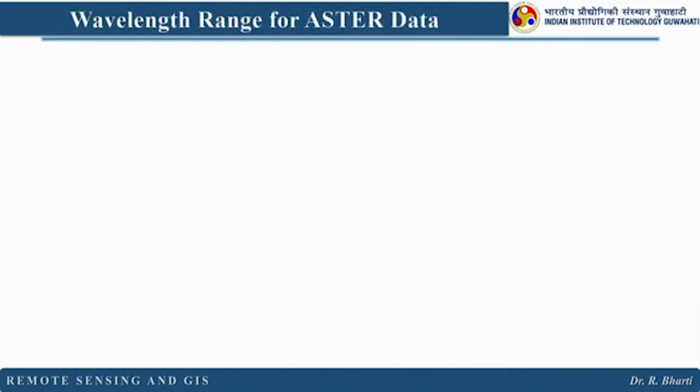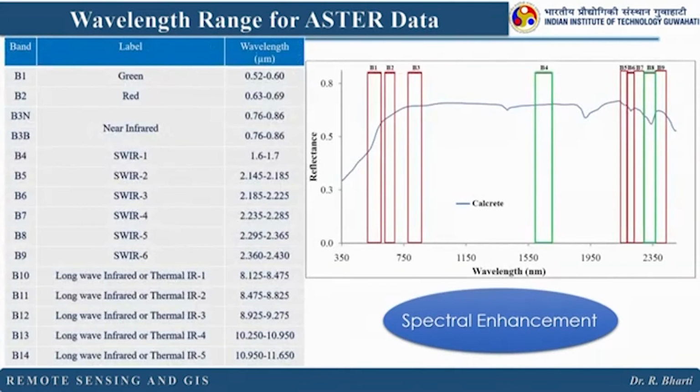Now if you see this wavelength range for Aster data, you can see for Aster we are having 14 bands, right, starting from band 1 to band 14, and these are the different wavelength ranges, and here are the numbers.